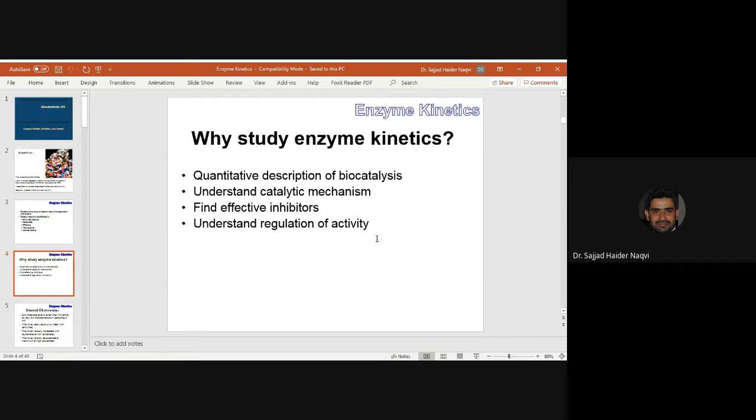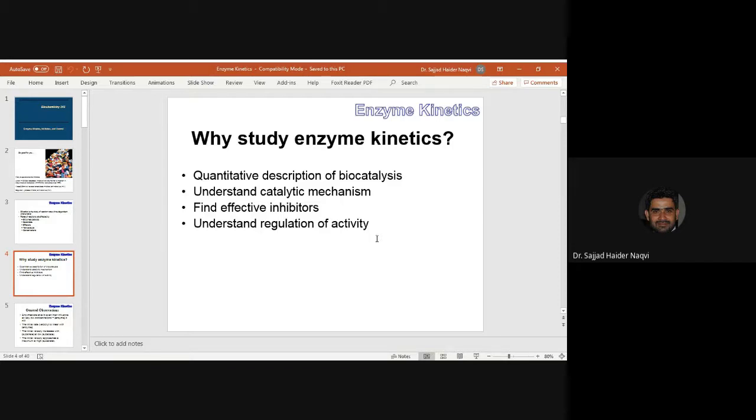Similarly, enzyme kinetics is also important to understand the mechanism of catalysis, like how the enzyme and its substrate get in touch or attach with one another. What is the mechanism?